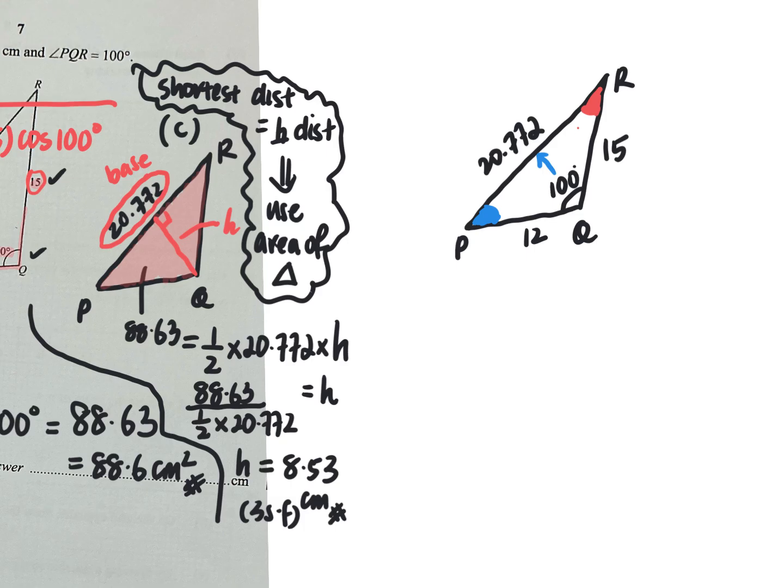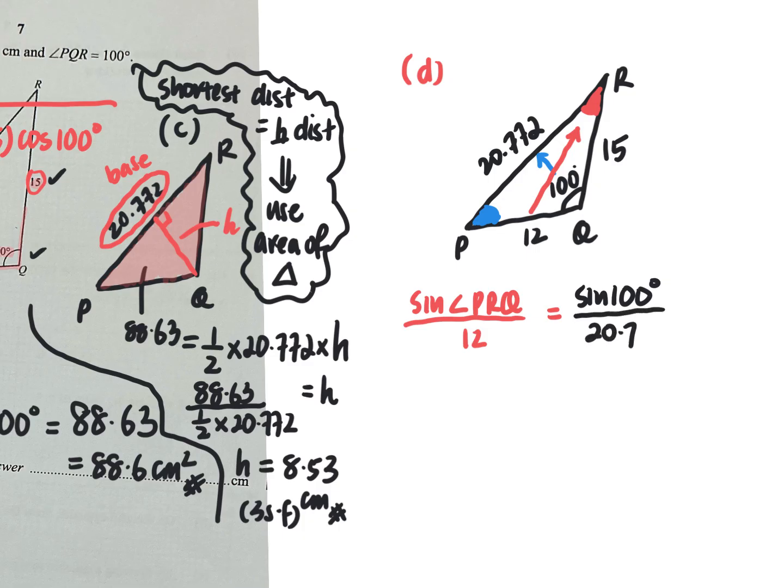So we set up first relationship, one angle. The other one is this pair. So let's write it down. This is part D. Sine of the angle PRQ. Okay, we match it with sine of the angle 100. Okay, cross multiply. Okay, is equals to this.